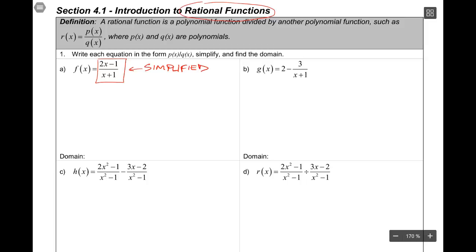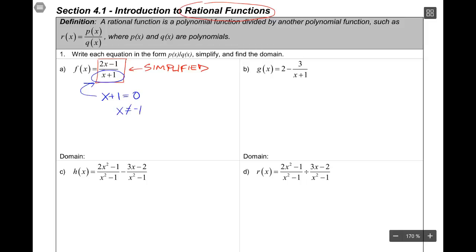Remember, folks, we have a couple domain restrictions we've learned about so far in this course. One being can't take the square root of a negative number. Another one being that we cannot divide by 0. So we have this denominator down here. x plus 1 cannot equal 0, which means x cannot equal negative 1.